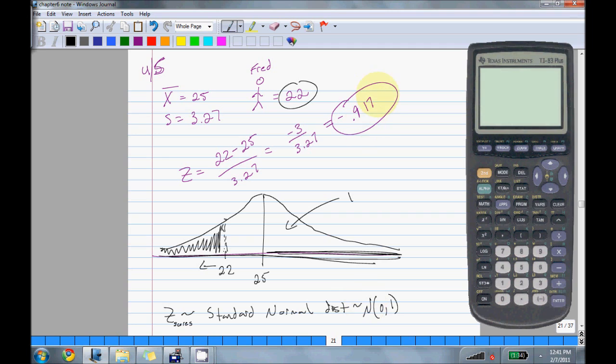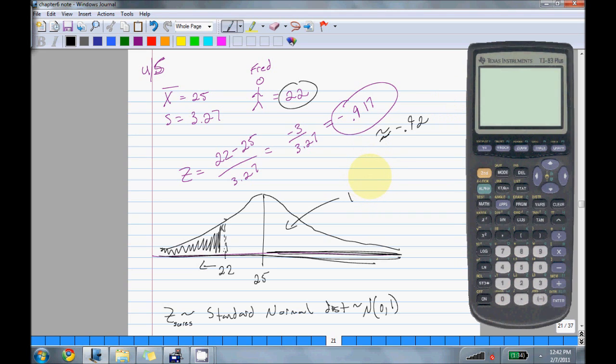So what do we have? It's 0.917, so maybe we want to round. So this is approximately negative 0.92. So I'm down at negative 0.92, and I'm going to go over to that third column. And what is that decimal? 0.1788.